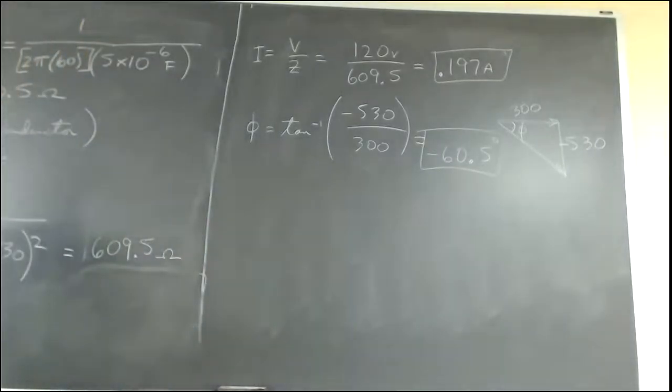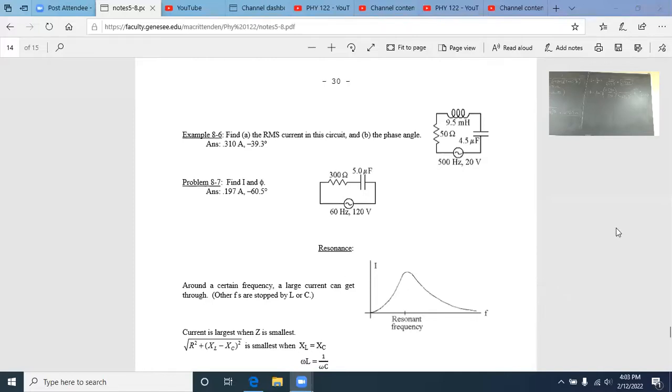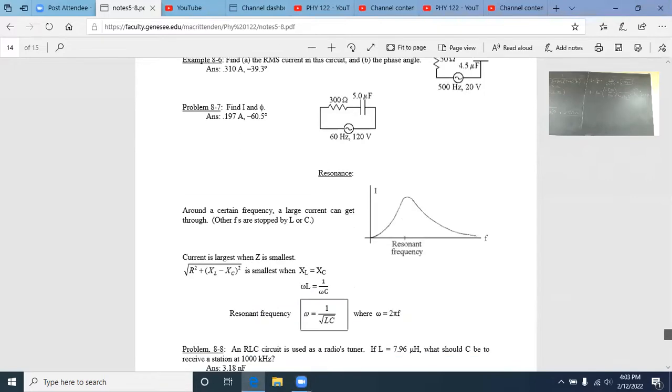And then the last thing in this unit is resonance. Impedance is a function of frequency.